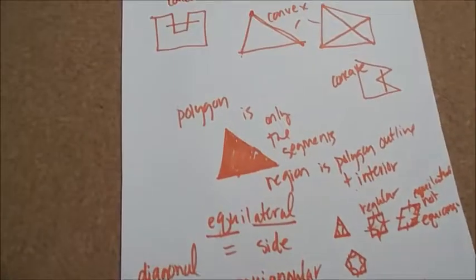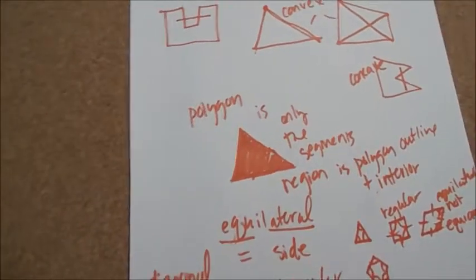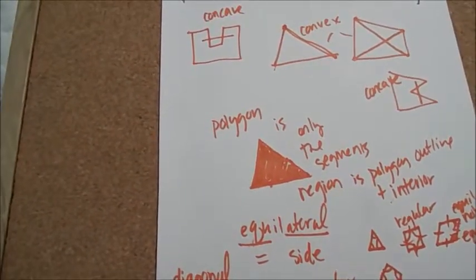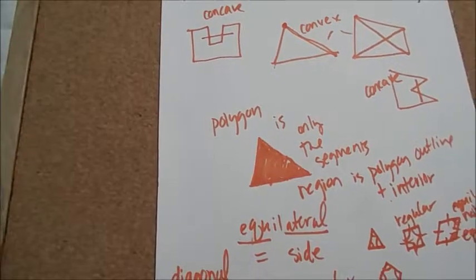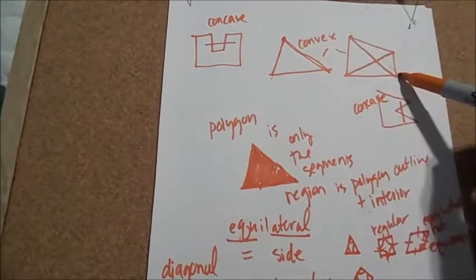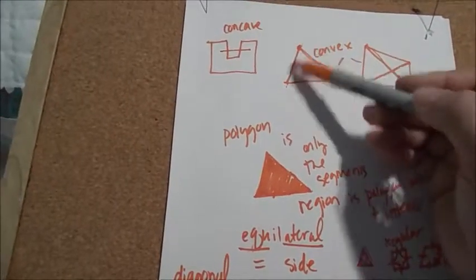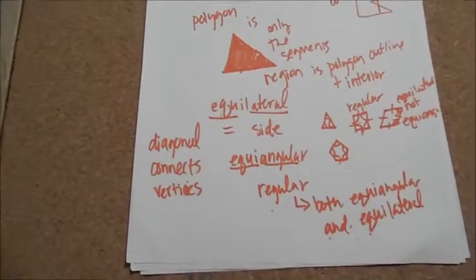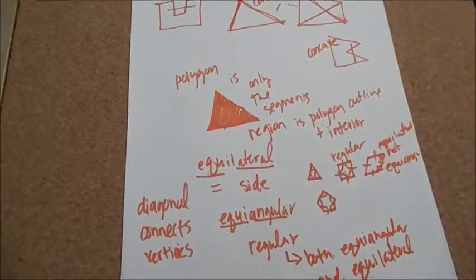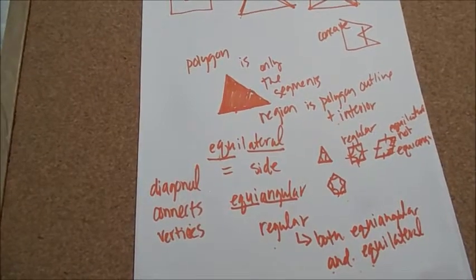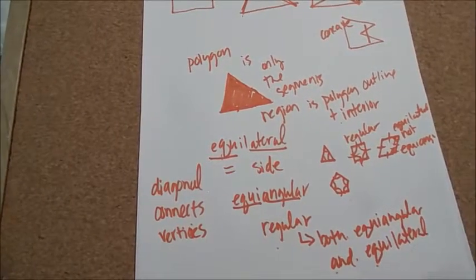So the definition says a diagonal of a polygon is any segment that connects two vertices but is not a side. You have to connect vertex to vertex, but that wasn't a side. Vertex to vertex next to each other would make a side, so that's not a diagonal. That's the idea of a diagonal. Below the definitions box, it says you should now be able to classify polygons by the number of sides.